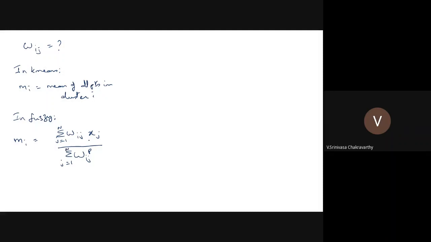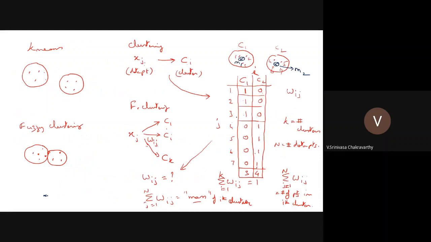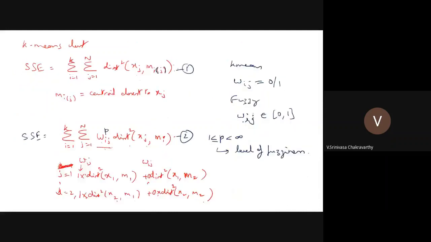So you see what is happening here. I'll have power p. Let us take the simple case where you want to constantly compare with traditional k-means. So let us say p equal to 1. Then you will just have wij times xj. Then let us say wij's are binary values, like in the case of k-means.